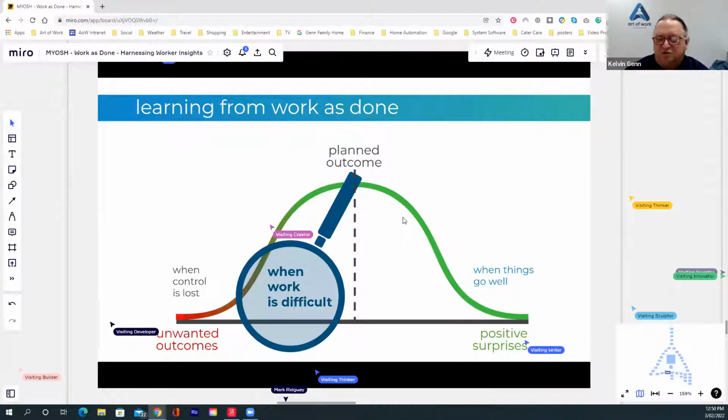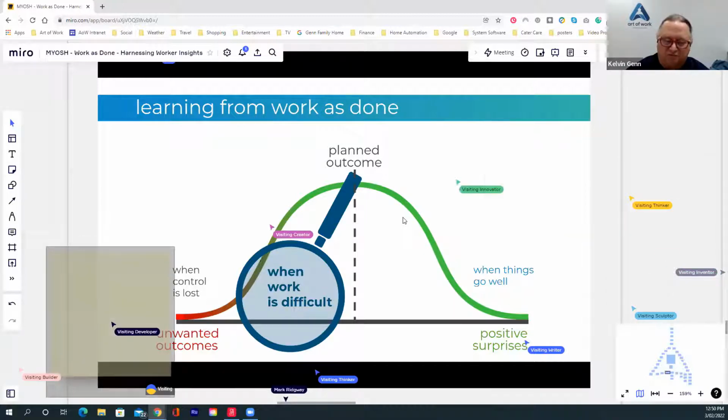But what you want to look for is a space where work is difficult. The reason we say this is that it's really important to firstly have people engaged in it. This is something that's important to them. And also it's a space where people feel they can communicate because they're not trying to defend something.